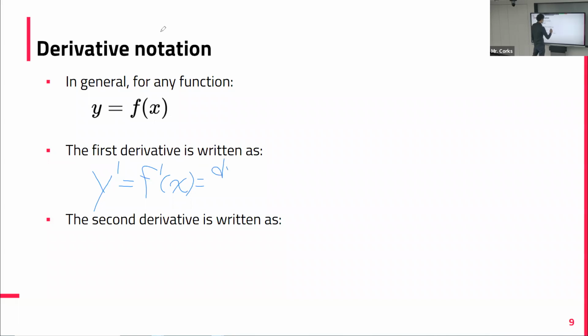Okay, dy over dx, derivative of y with respect to x. And d over dx of f of x, like this. It's not a fraction, but again, if you kind of imagine it as a fraction, this thing on the top, we can just kind of write it out on the side. That would be the same thing, but still it's not actually a fraction. Okay, so that's first derivatives.